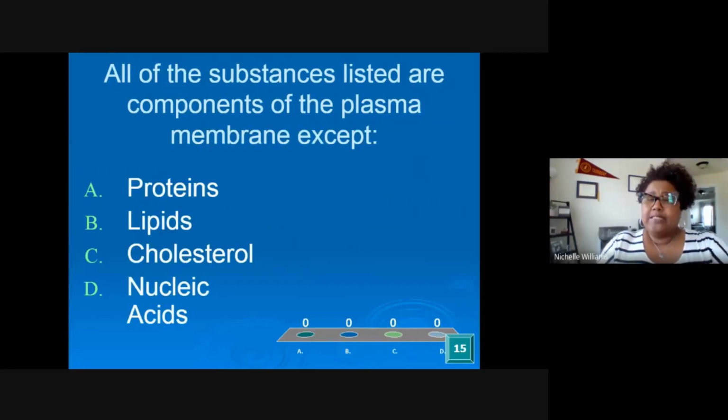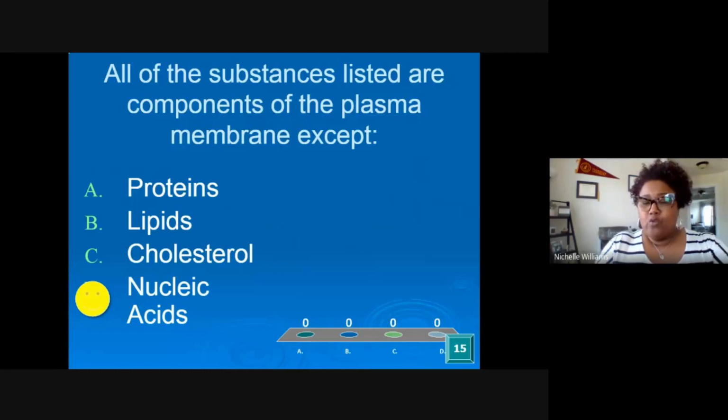All right. All of the substances listed are components of the plasma membrane except, and so look at that list. Which one is not a component of the plasma membrane? All right. I'm checking the chat box. All right. We're missing about 3 people. Okay. I think everybody's in now. All right. Let's see. Nucleic acids.